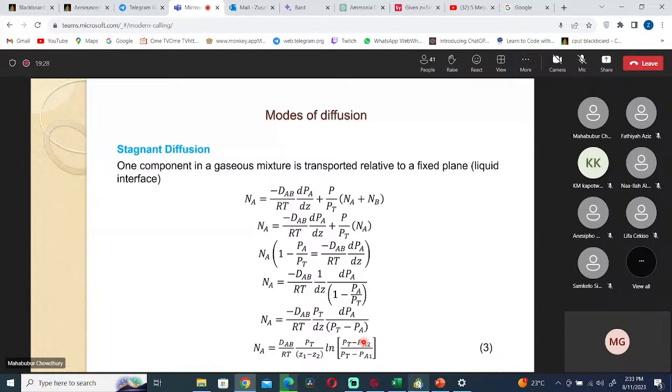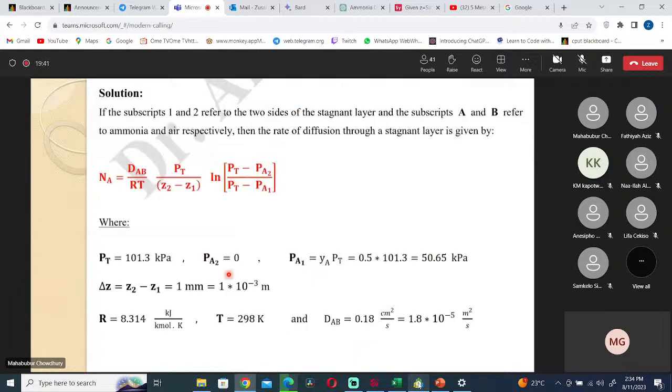But then my PA2 equals 0. Why? Because the ammonia diffusing to the other boundary is quickly absorbed and the concentration is negligible. It means it is not causing any difference, right? That means you can say the mole fraction is 0. If the mole fraction is 0, then PA2 equals 0 multiplied by that, which also gives you 0. Yes or no?